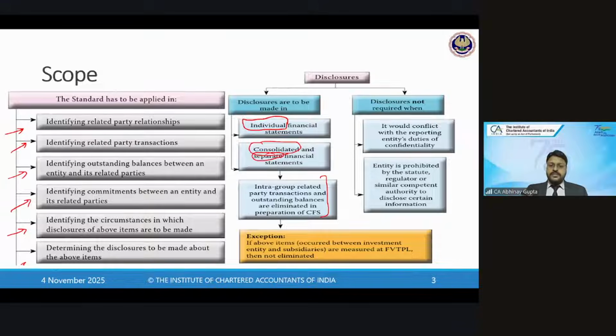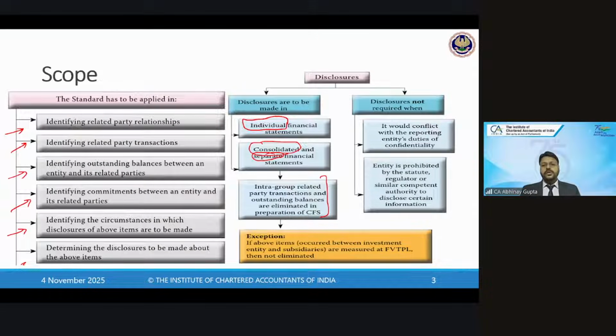Hence we are providing a relaxation or exemption to these asset management companies from consolidating the companies in which they have invested as subsidiaries. So these asset management companies are relaxed by 110 from consolidating those companies in which they have acquired the stake for investment purposes only, and they are not intending to run their business, right?